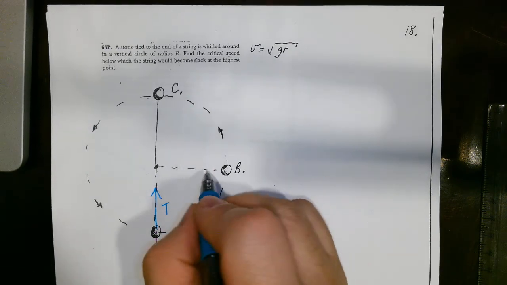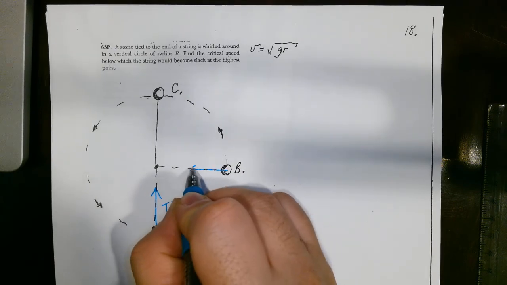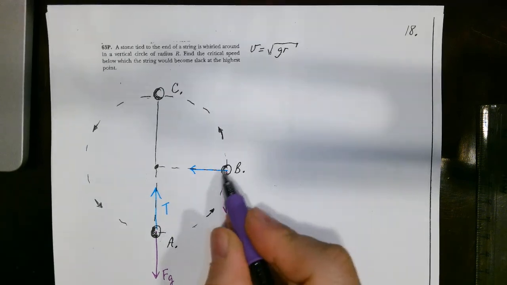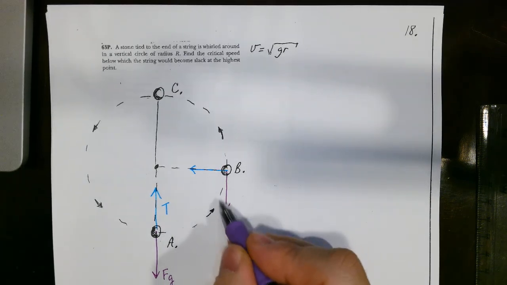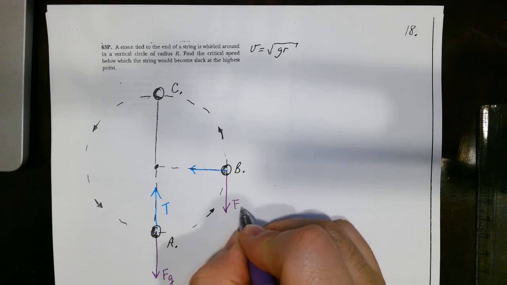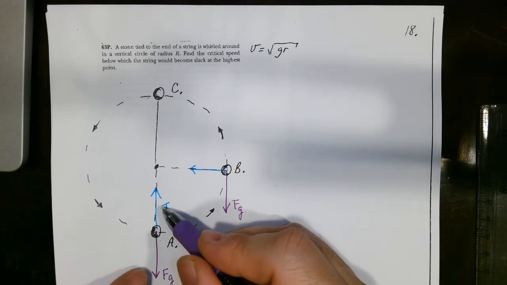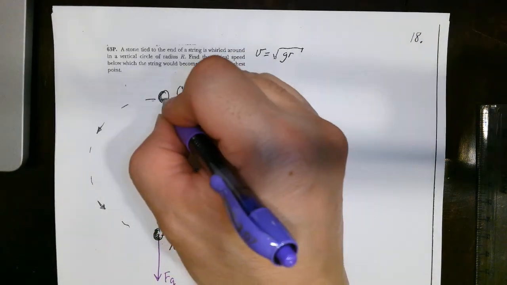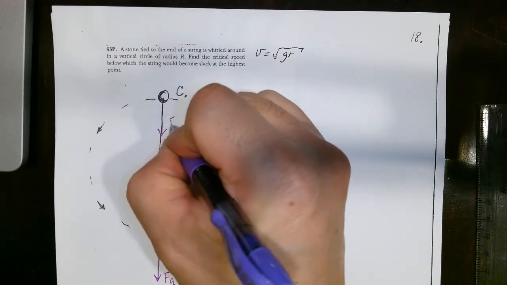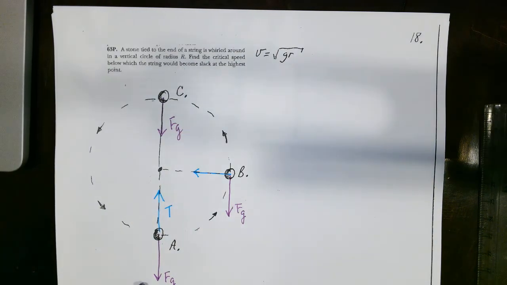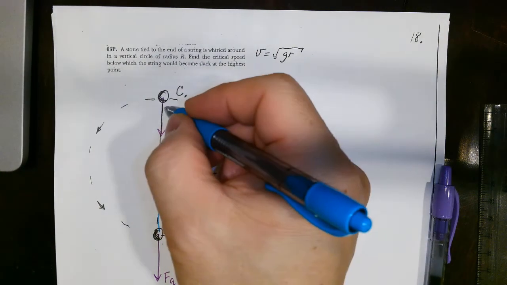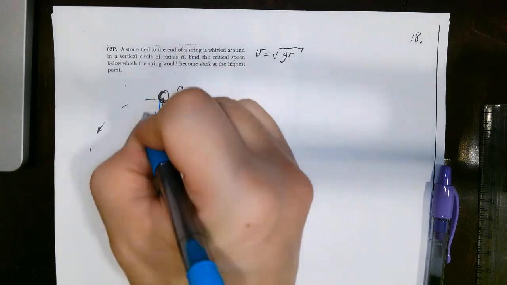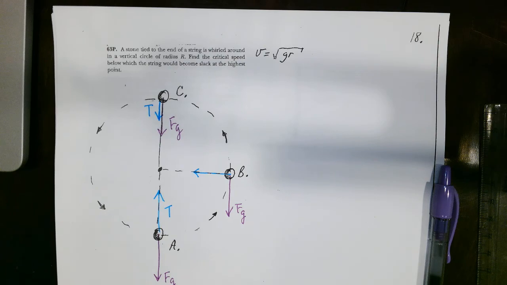Here, my tension is going this way, but my Fg is going down this way, so this doesn't really contribute to my circular motion at all at this location. Here, it hinders it. Here, my Fg is down, which is actually helping my object stay in a circular path. And the tension, obviously, is also in towards the center, okay?